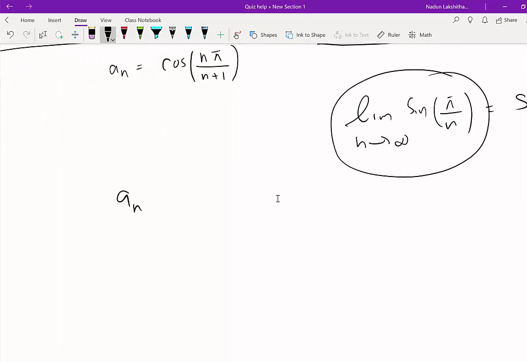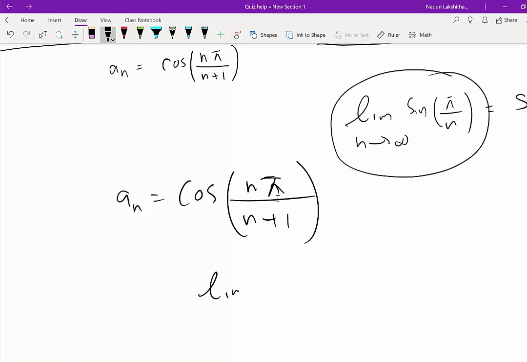So a_n equals cosine of n pi over n plus 1. Now let's try to solve it mathematically and then visualize it. Okay, now we want to take the limit. Cosine is a continuous function, and we know it's continuous everywhere, so it's not going to be a problem.